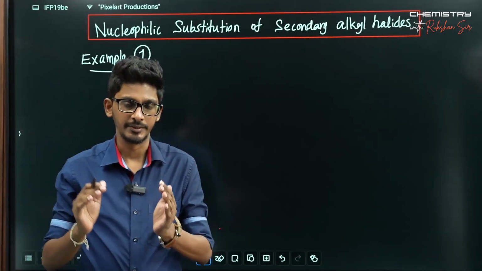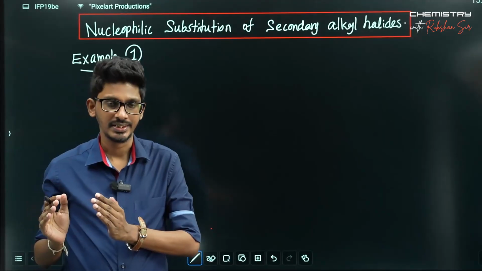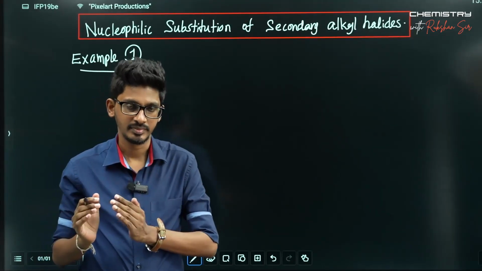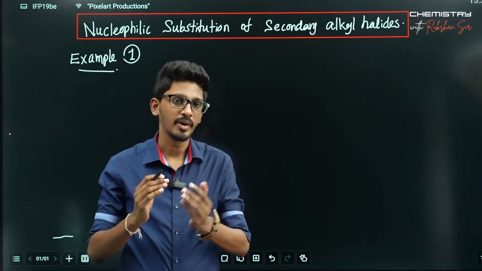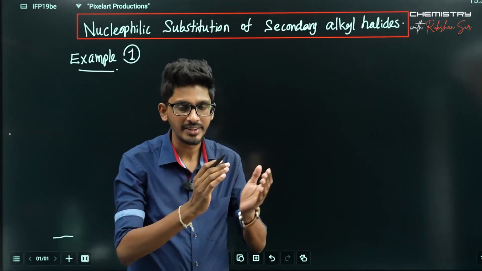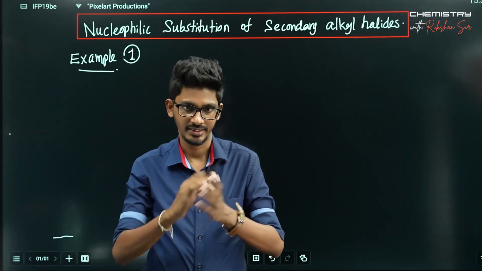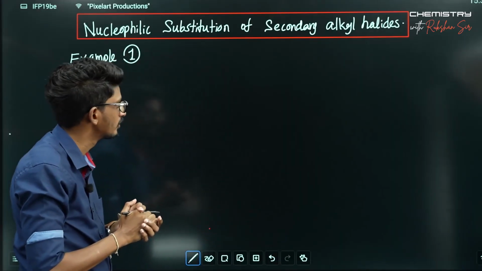If you think of a two-step mechanism, the carbocation mechanism, basically you should be able to form a stable carbocation to go through that mechanism, right? So that is the normal idea we have learned now.